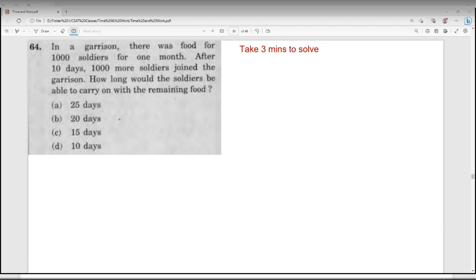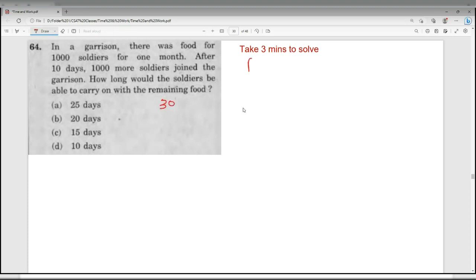So let's see how to solve this. This is like the same previous questions that we have solved. In a garrison, there was food for 1,000 soldiers for 1 month. After 10 days, 1,000 more soldiers joined the garrison. How long would the soldiers be able to carry on with the remaining food? So one assumption we can do is we can say that in 1 month there are 30 days instead of 31 days.